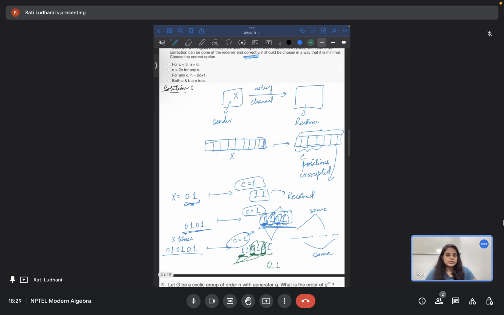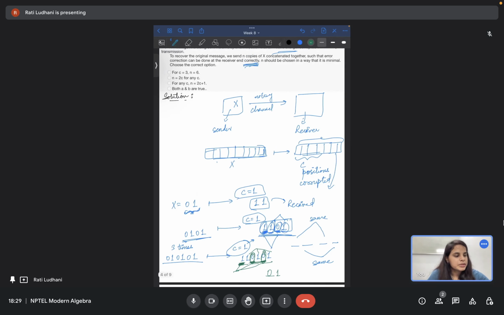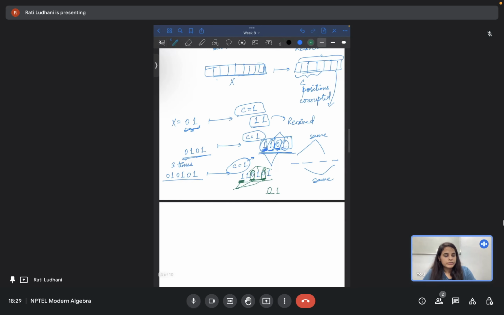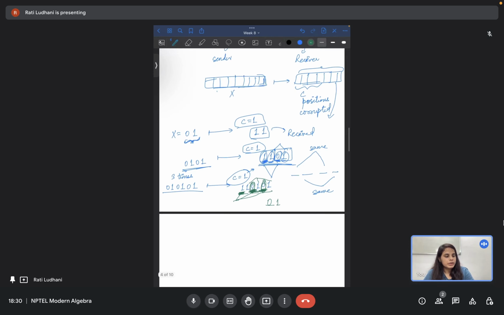So if you observe what is happening in this case, whenever you want to correct it, you should be able to find the maximum value, in the frequency sense. Here you have C equal to 1, but if you have C equal to 2, then 2 places could get corrupted.